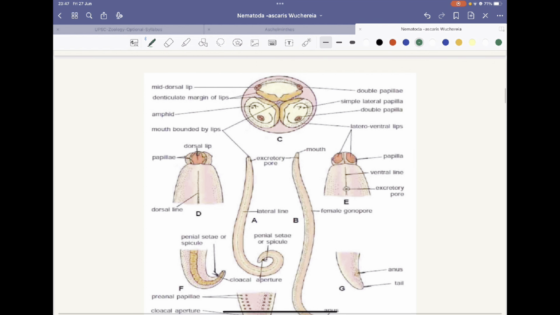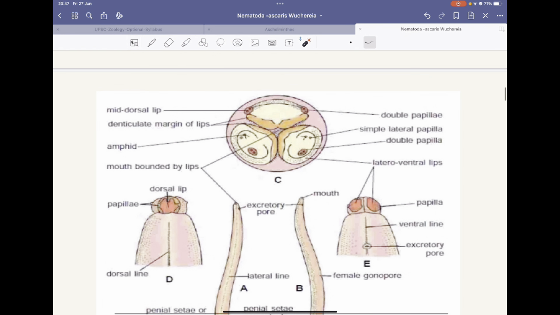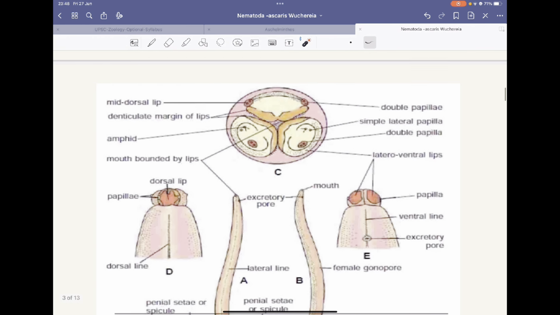Now let's see some of the specialized features of Ascaris. At the anterior portion you will see denticulate margins of lips. It has a triradiate mouth structure anteriorly.